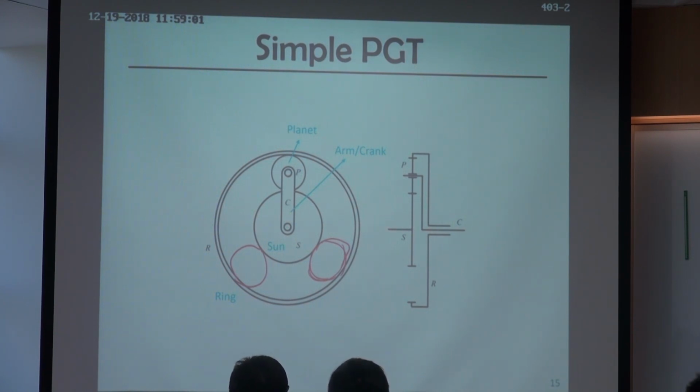So this part, there's a sun gear. I hope it's imaginable. There's a sun gear, and this one is a planet gear. And because there's a shift, there's an arm connecting from the center to the center of the sun gear or the ring gear. So this one is the arm.